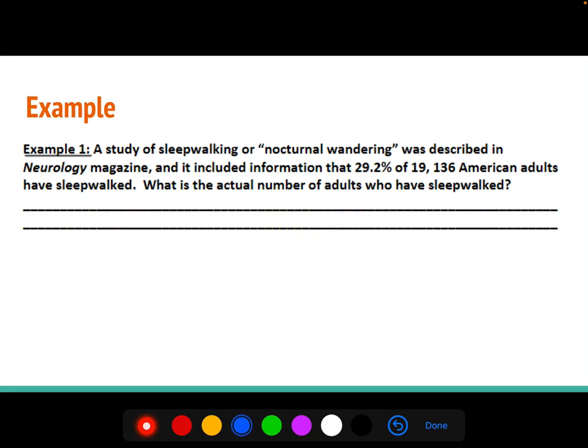Now, let's get to some examples so you can see what you're doing. This says a study of sleepwalking or nocturnal wandering was described, and it included information that 29.2% of 19,136 American adults have sleepwalked. What is the actual number of adults who have sleepwalked? This is not really all that much statistics. This part is just basic math. Find the number of successes.